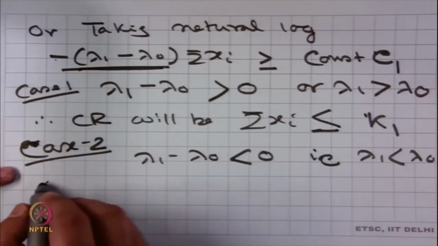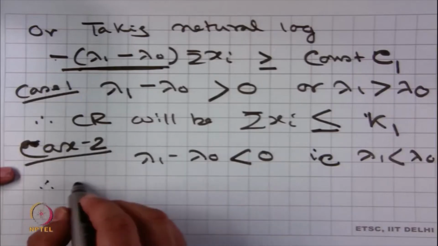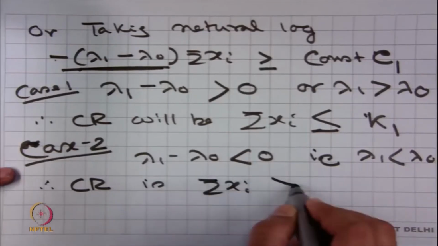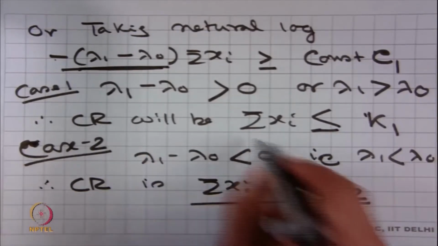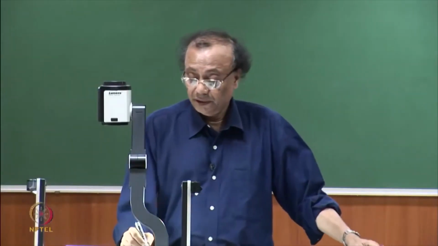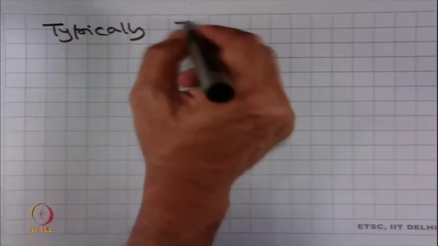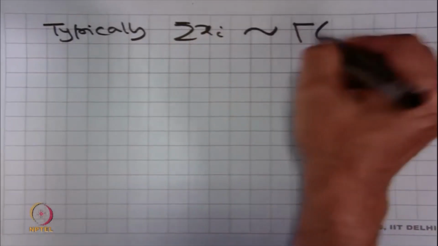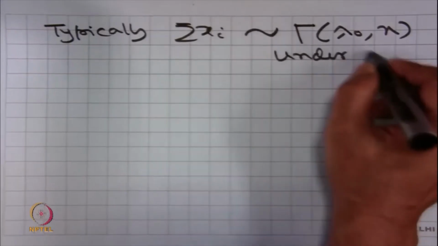In that case, this is going to be positive, therefore, critical region is going to be sigma xi is greater than or equal to some constant k2. Up to this we have done in the last class. Typically, sigma xi is distributed as gamma with lambda naught and n under H naught.